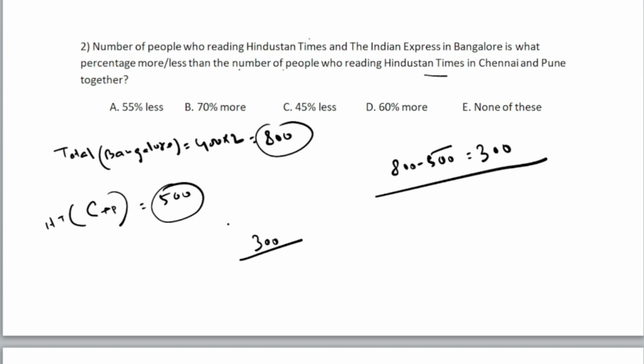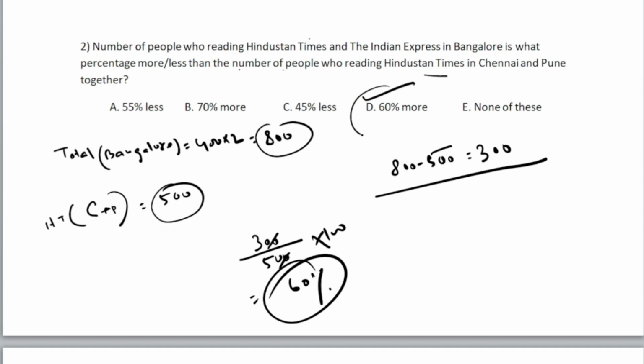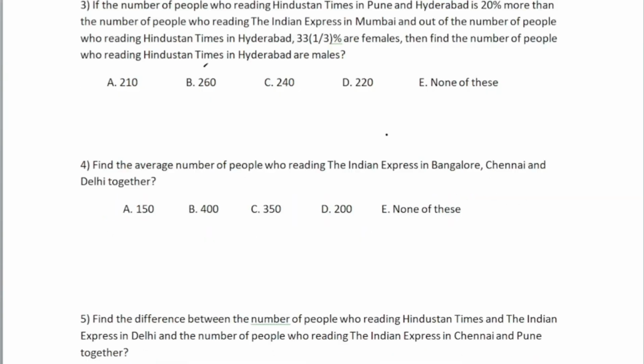So percentage wise, this is 300 more than 500. That is how much percentage more? 3/5, 60%. This is 60% more. This is the answer. Okay, next question में जाते हैं.